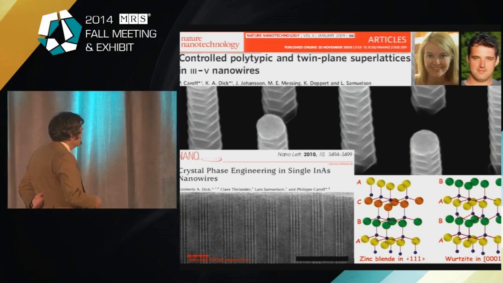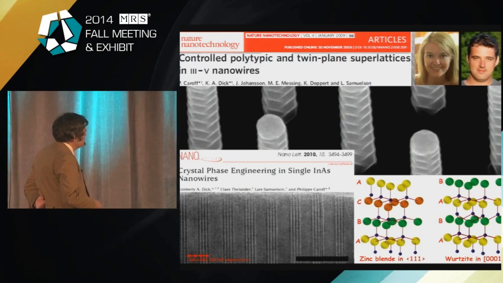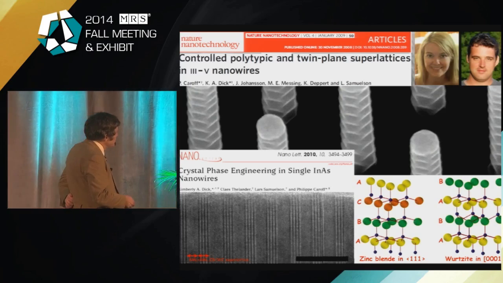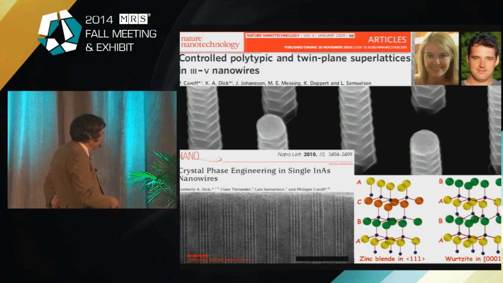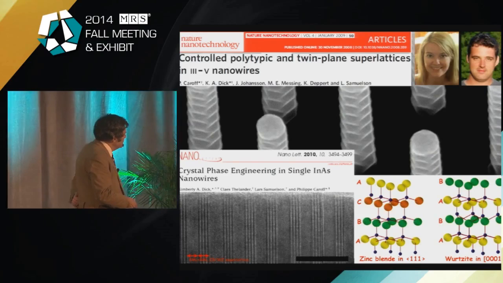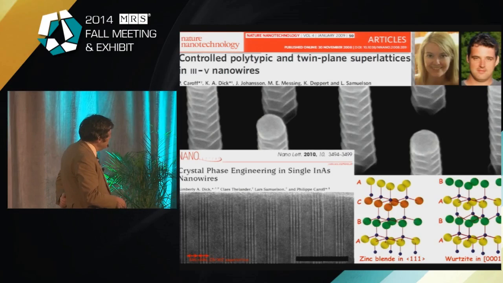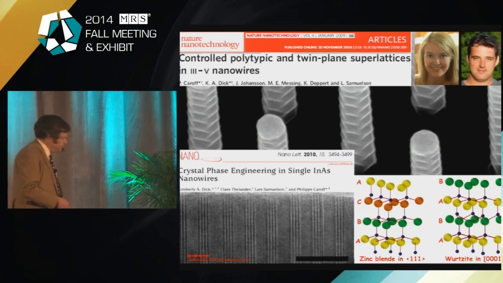But what we're seeing down here is a unique crystal. This is all indium arsenide nanowire. So this is the diameter, this is the length direction. And here you see the crystal. What they differ, the zinc blende is really an ABC type of stacking in 1, 1, 1. And the corresponding wurtzite is AB, AB, AB in 0, 0, 0, 1 direction.